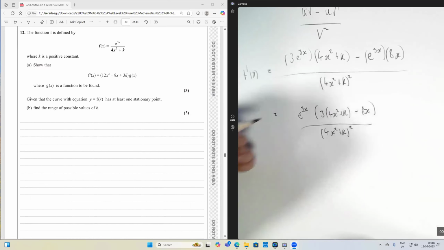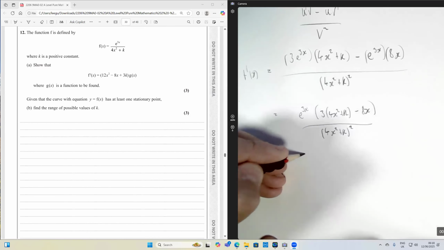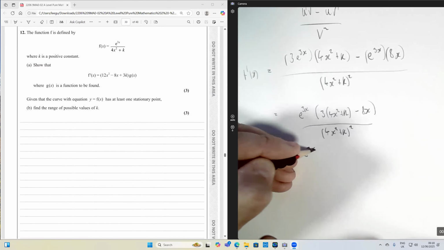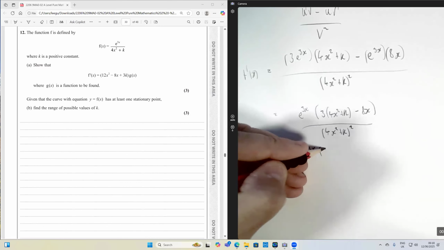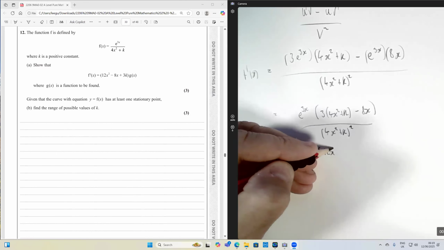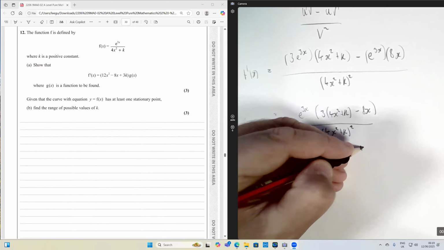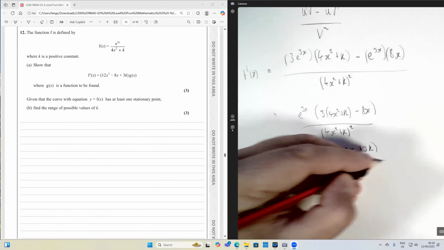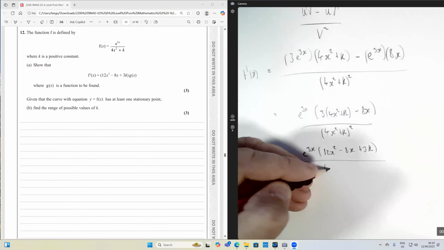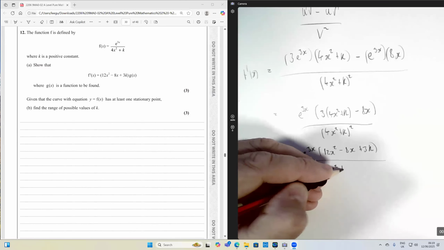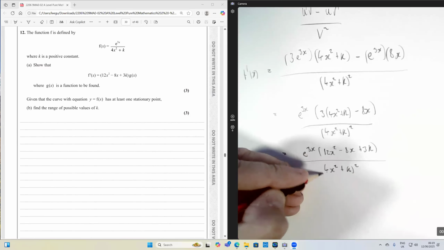And we're almost there now, actually. So let's think about this. If we expand the numerator and collect like terms, that's going to give us 12x squared minus 8x plus 3k, all over 4x squared plus k all squared.